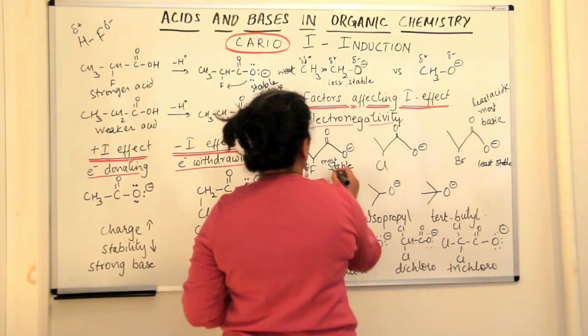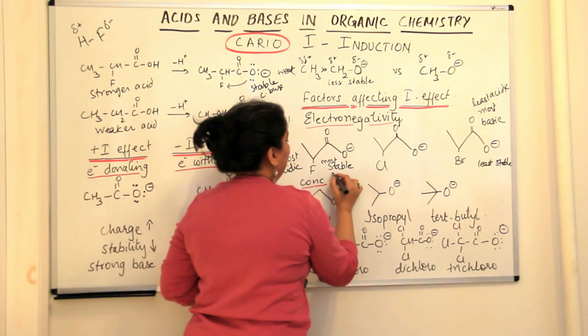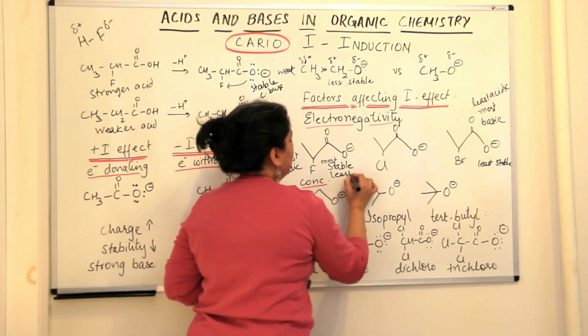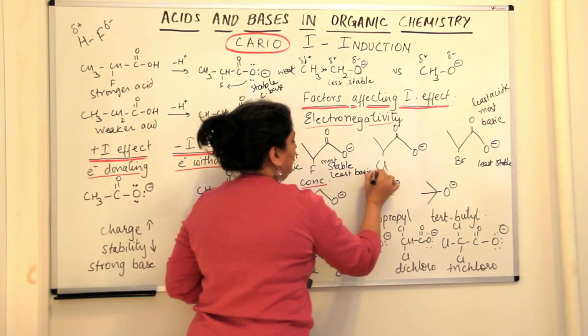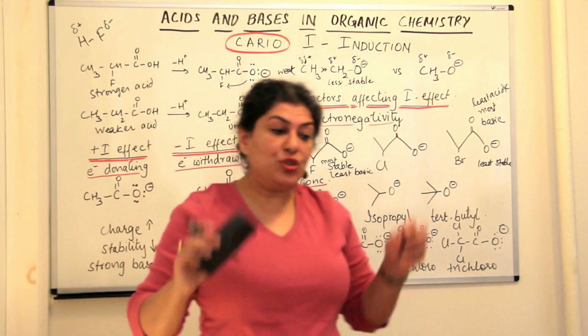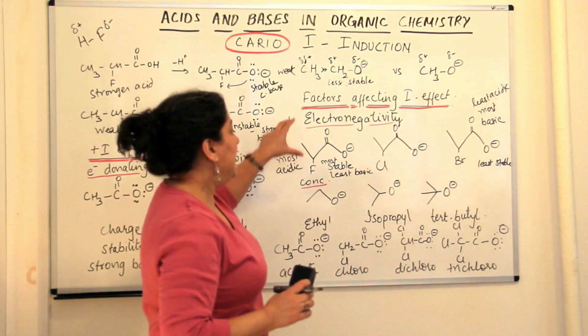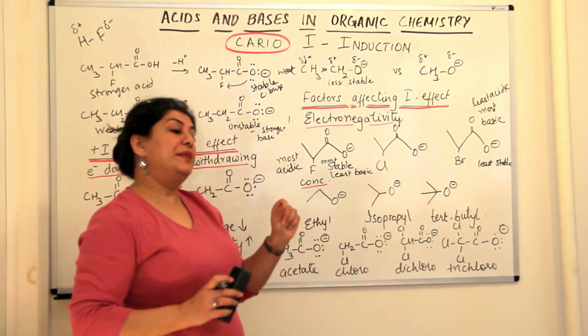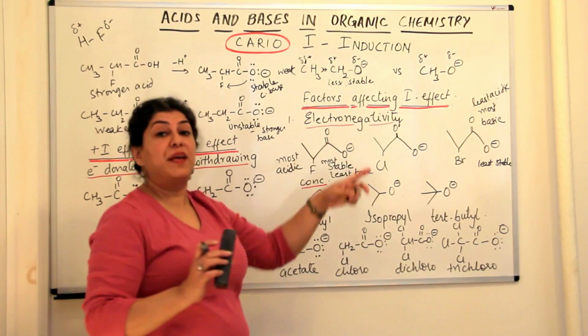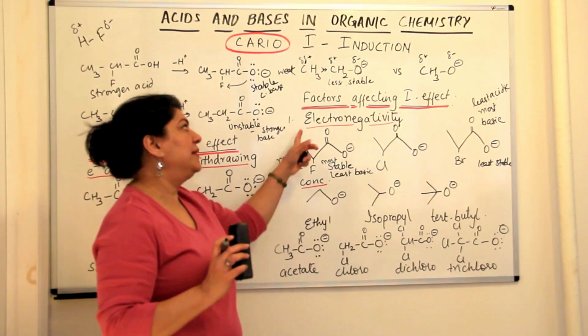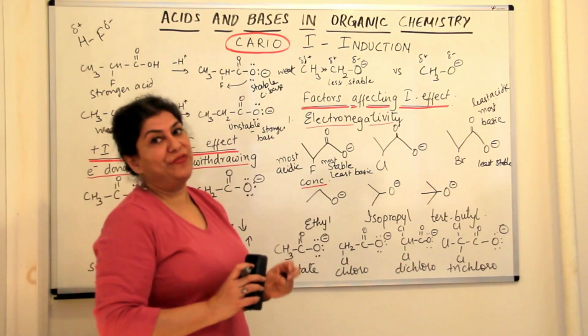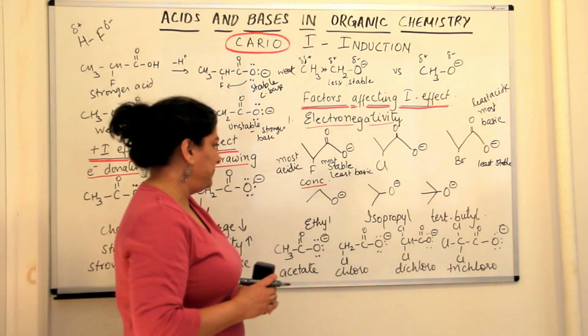And if it is the most stable, this itself is the least basic. Right? So we find that electronegativity of the species which is present in the neighborhood is the first factor which affects the inductive effect.